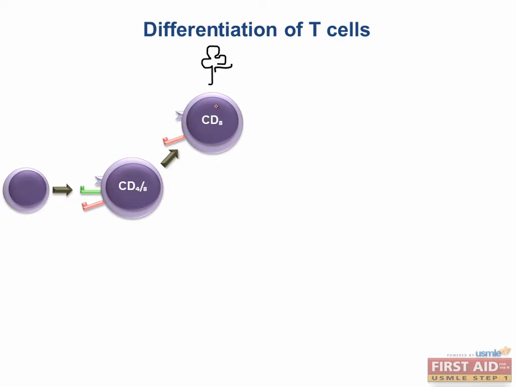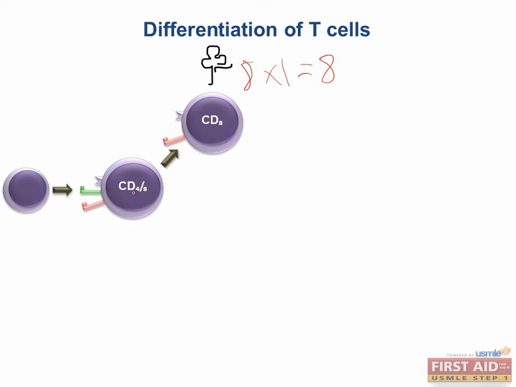Okay, so MHC receptors. What do CD8 cells bind to? We just said they're very analogous to natural killer cells because they bind to, what type of MHC is this? MHC1 receptors on the surface of virally infected and neoplastic cells or cancer cells and cause them to apoptose. So a way to remember that is the multiple of 8 times 1 is 8.